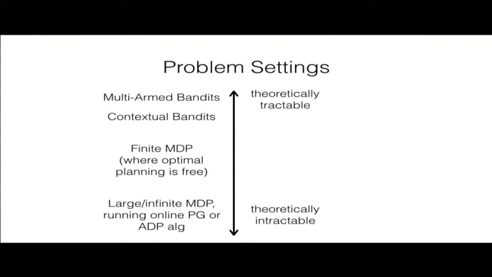And then the setting we're most interested in for deep reinforcement learning, or for empirically driven research, or for various kinds of applications, is where you have a large or infinite MDP, and you're running some kind of online policy gradient or approximate dynamic programming algorithm with function approximation. So there it's theoretically intractable, but we can still develop heuristic methods.